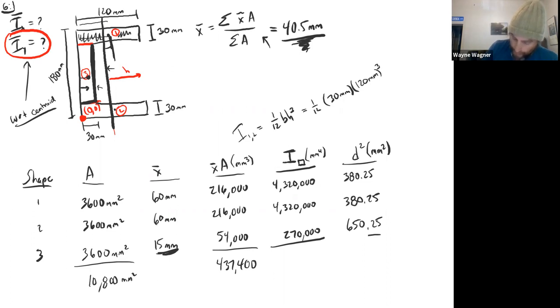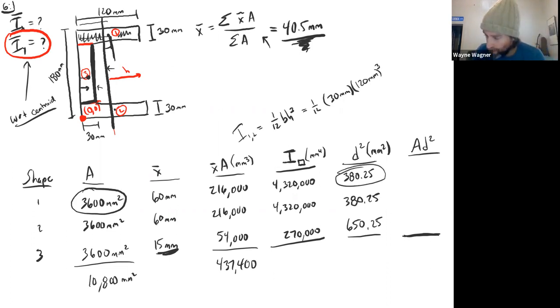Okay. And then the last row is I want A D squared. So that's this row times that row. Okay, so let's go 3,600 times 380.25 equals 1,368,900.